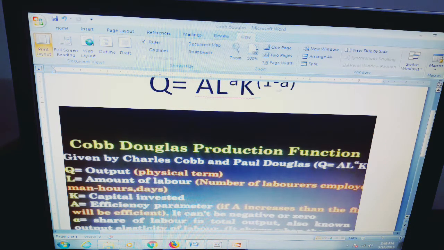Please also remember that the small a is always less than 1. So it's going to be 0.25, 0.75, something like that. Now, if the small a is 0.75, then what is the power of K going to be? 1 minus 0.75, which is going to be 0.25.